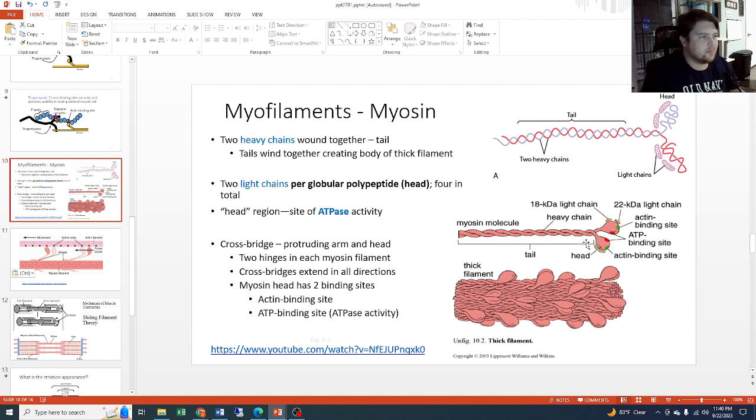These light chains are here in the head, okay? Heavy chain tail, two light chains, and these are all wrapped together. In this head region, we have ATPase activity, meaning that ATP can be used and broken down and energy released at that spot, at the myosin head.